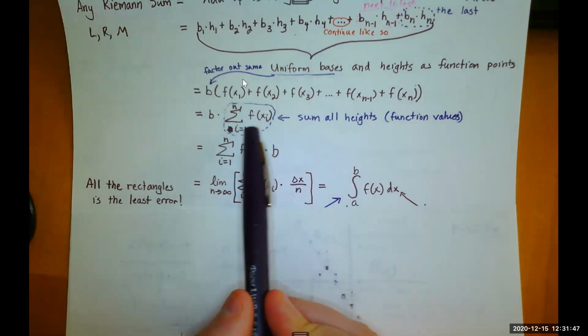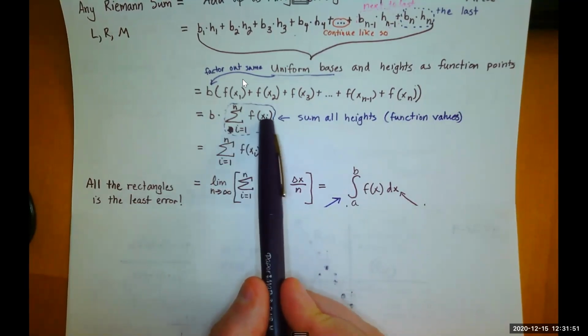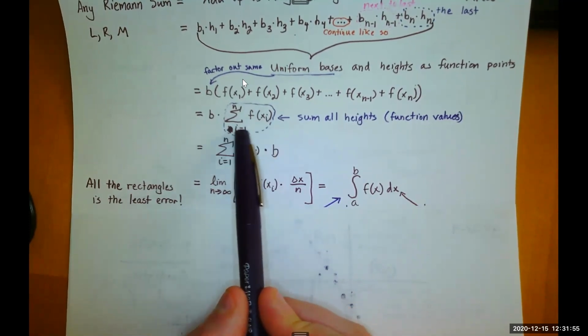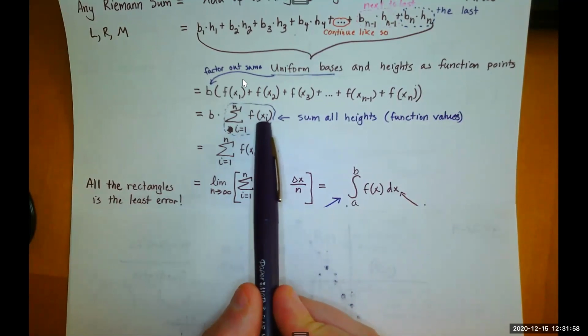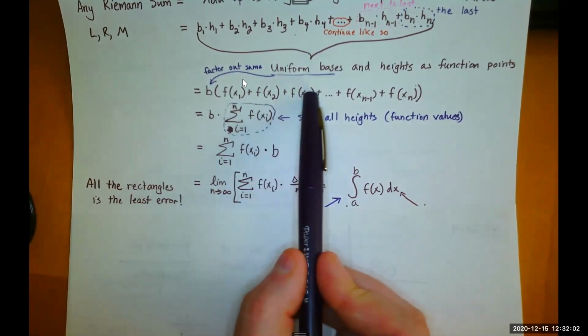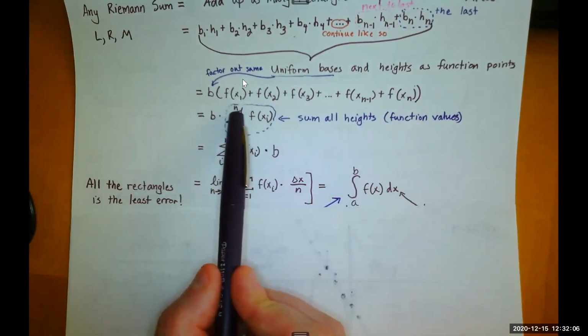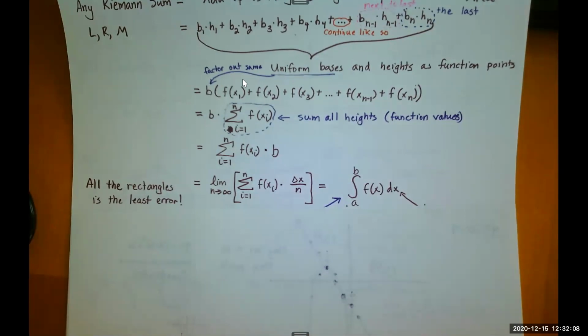And what we're doing is we're going to say, okay, when i equals 1, I have x sub 1. That means the first x value on the interval. And then when i equals 2, the second x value gets substituted in the function. When i equals 3, the third x value gets substituted in the function. And then add all of those up for however many n rectangles, trapezoids, whatever it is you're doing.